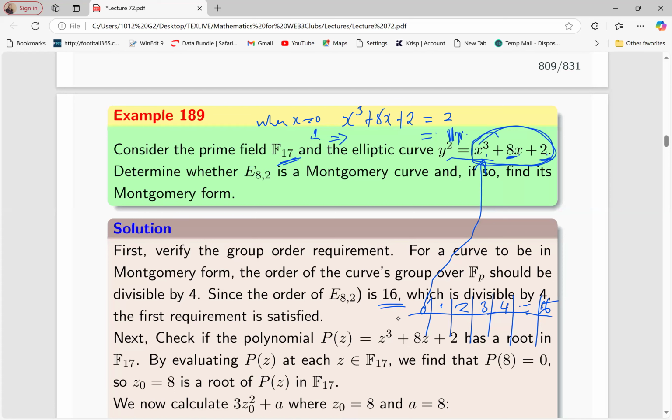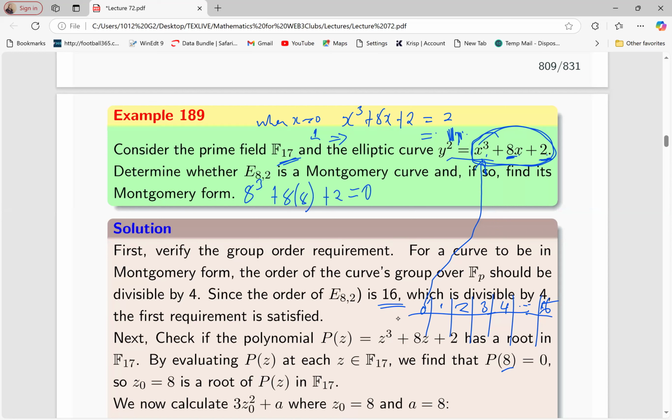I tried until I reached 8. So that would be 8 cubed plus 8 multiplied by 8, then plus 2. I discovered this gives me 0.